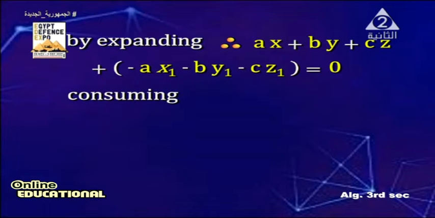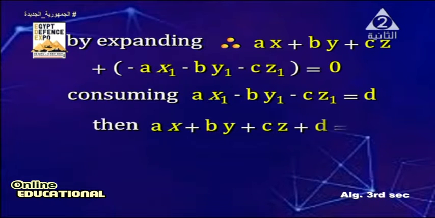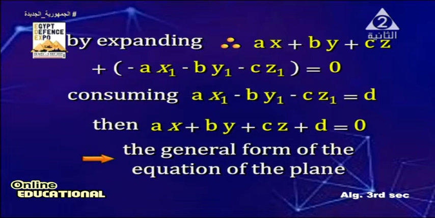We put d equals negative ax1 negative by1 negative cz1. Therefore, ax plus by plus cz plus d equals 0. This is the general form of the equation of the plane.